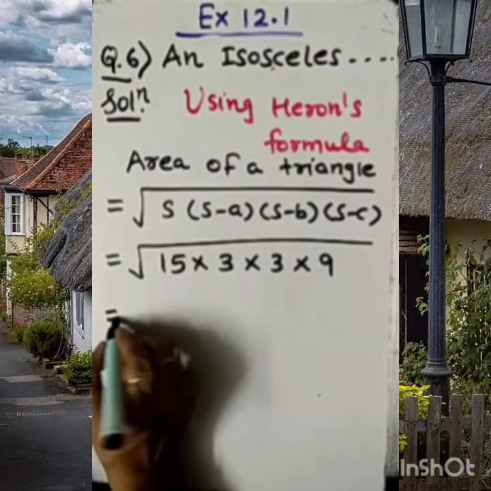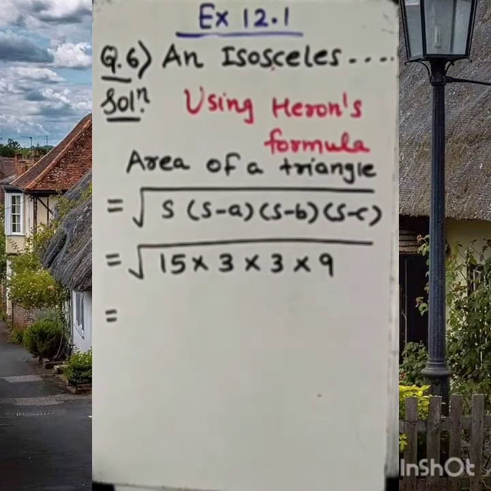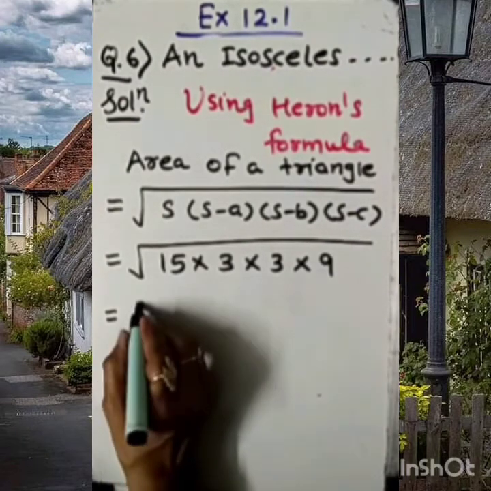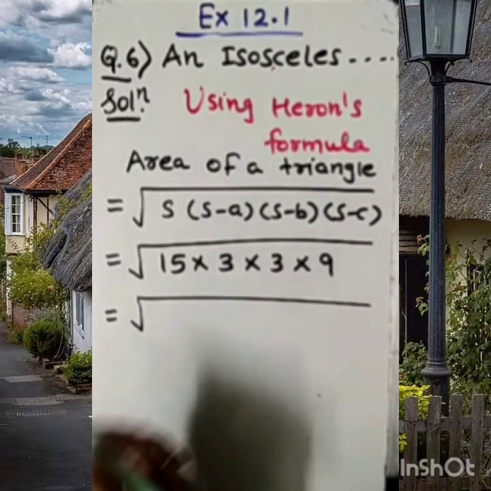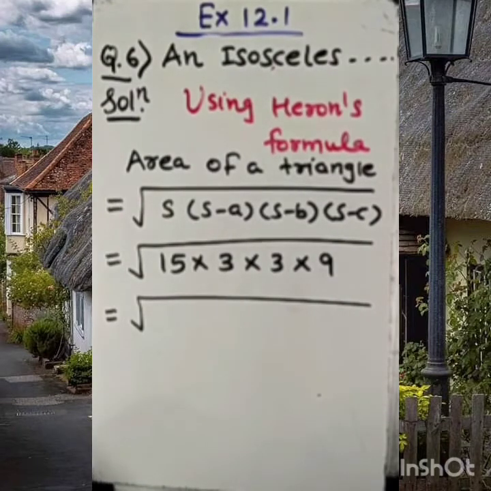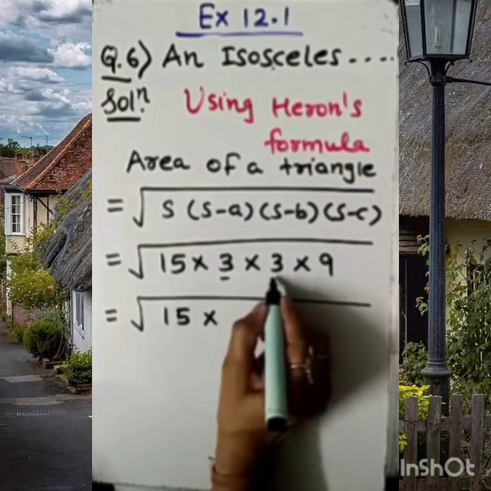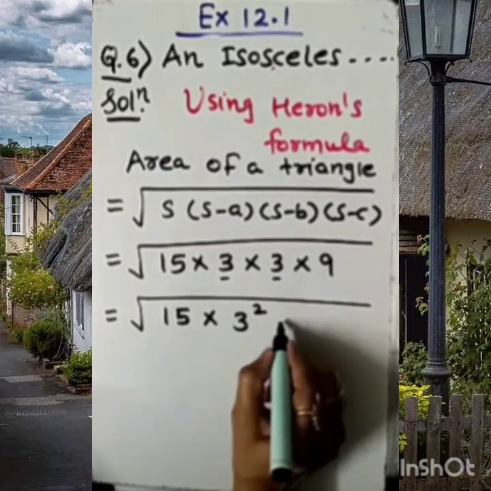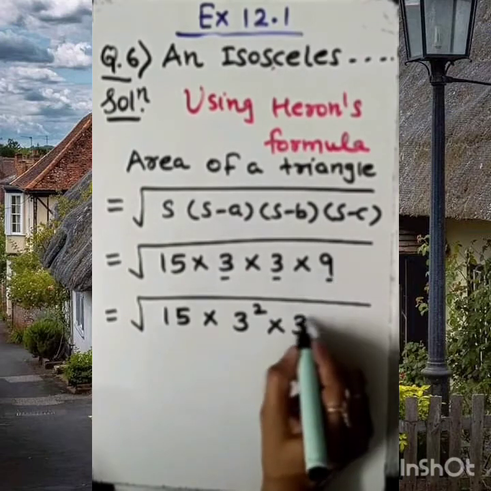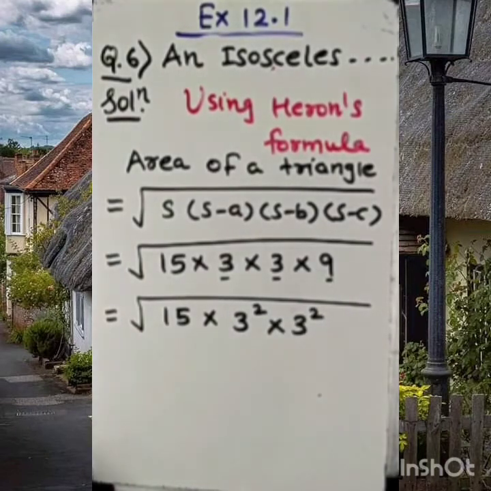So we need to find now how to do it. As I told you, instead of multiplying, better you split it. So if we split it, 15 let it be as it is, but 3 into 3 can be written as 3 square, and 9 is already a perfect square of 3. 15 has factors 3 into 5, so we can't make a pair for that, so don't touch it.